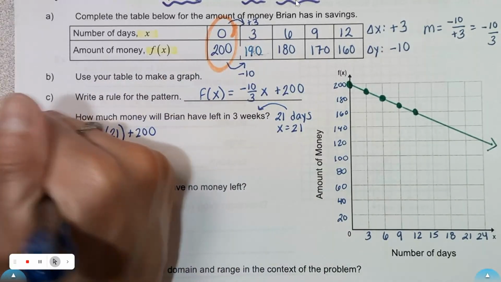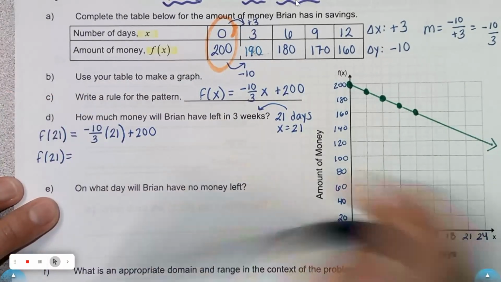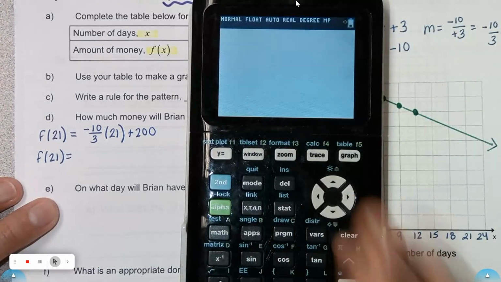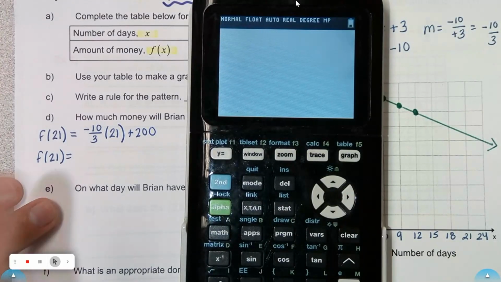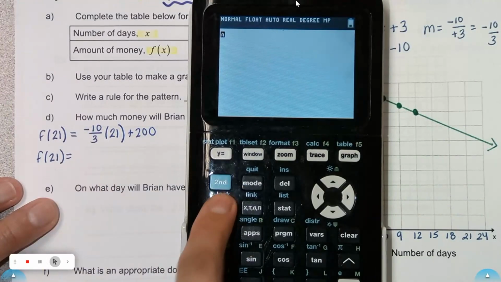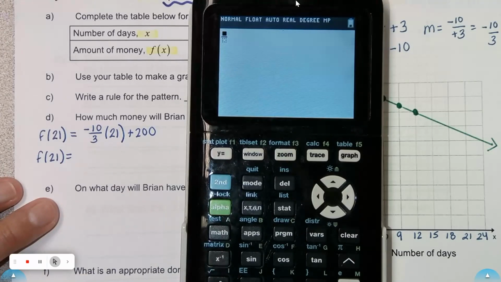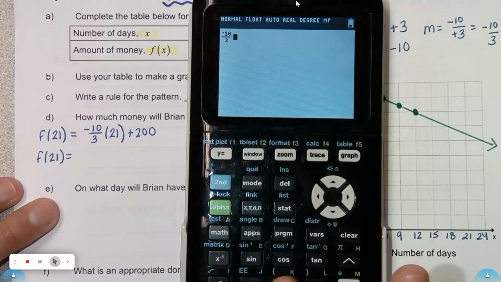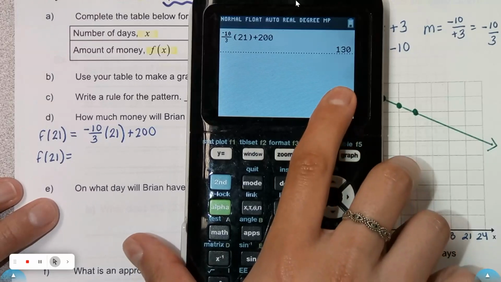The right side, this is all calculator, so let me plug that in. Make sure you practice it as well, right? Because on your quiz, you're going to have to do it. So to get to the fraction, I press alpha, y, enter, negative 10 over 3, parentheses 21, plus 200. I get 130.